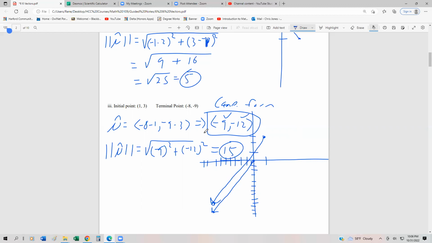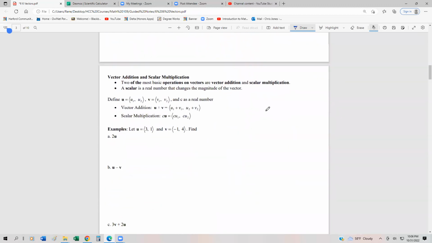Okay. All right. Now, let's talk really quickly about vector addition and scalar multiplication. Okay, these are really basic operations, and they're actually pretty easy. Vector addition, all we do is add the first components together, and add the second components together to form a new vector.